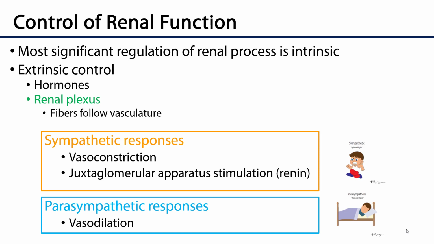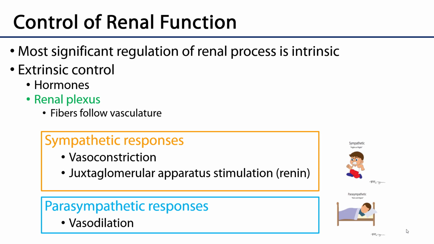Now, with any mixed autonomic plexus, there's going to be two separate responses, the sympathetic and the parasympathetic. Much like the sympathetic fibers dominate the renal plexus, the sympathetic responses will as well. With a sympathetic response, we will see vasoconstriction, which is very typical of a sympathetic response.